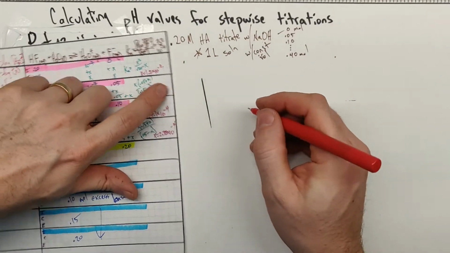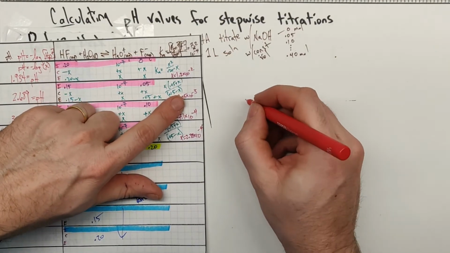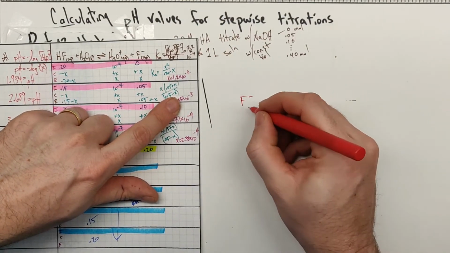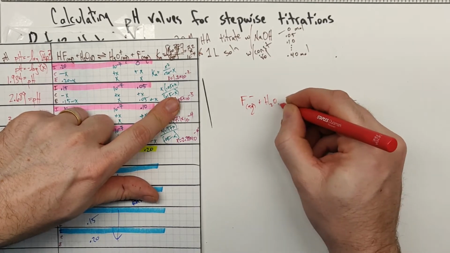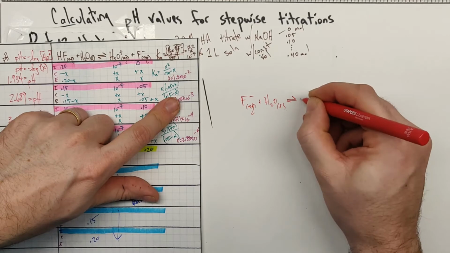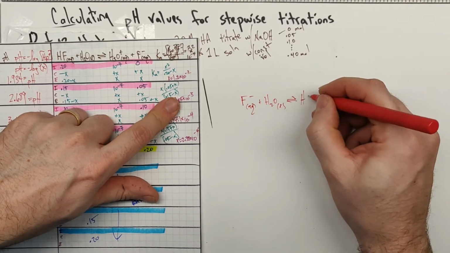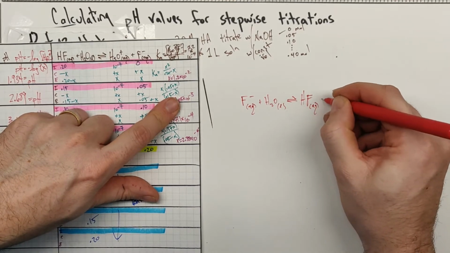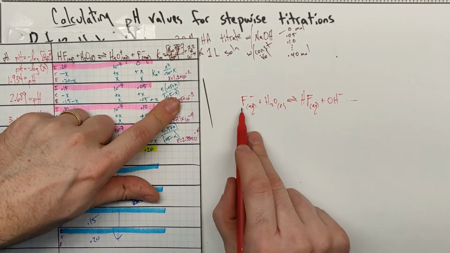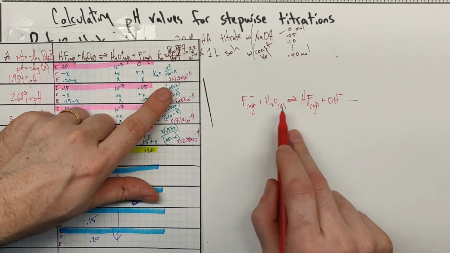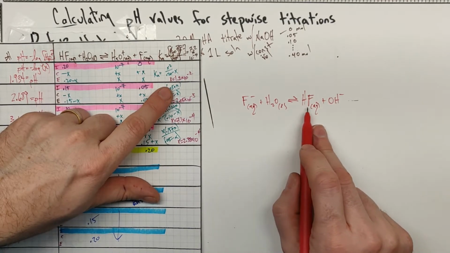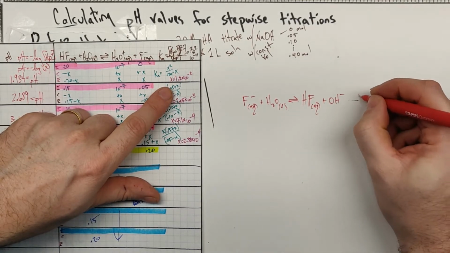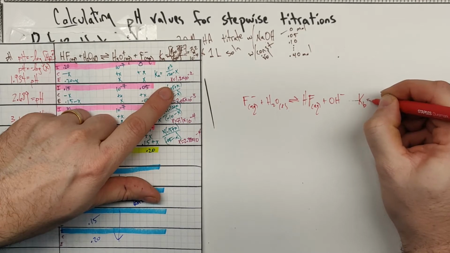And just as I ask my students, figure out what you have and what it can do, well, F minus can act as a base. So F minus accepts an H to become HF, H2O donates an H to become OH minus, base, acid, conjugate base. We don't have a Ka anymore, now we have a Kb.